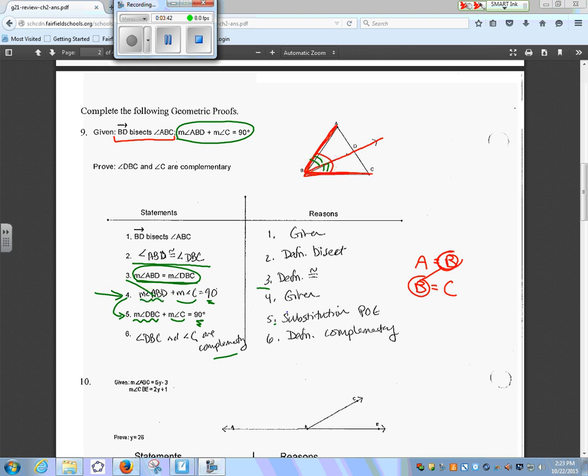In other words, one of the sides of the equation has to be the same for the first step and second step. So if you look here, ABD equals DBC, and then this step, I don't have ABD on one side of this, or DBC on one side of this. You see what I'm saying?